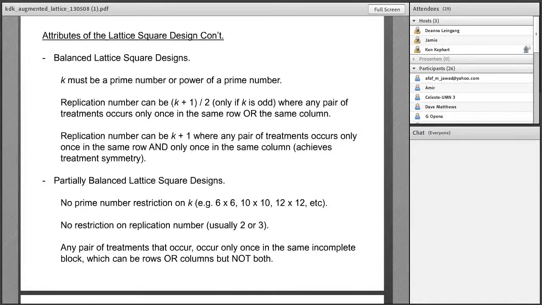Because of that restriction, which I'll explain further in just a moment, this is what lends itself to being an incomplete block, this block within the complete block here.